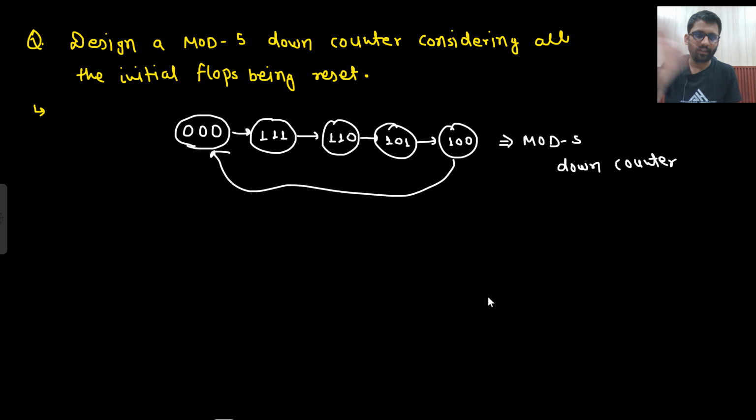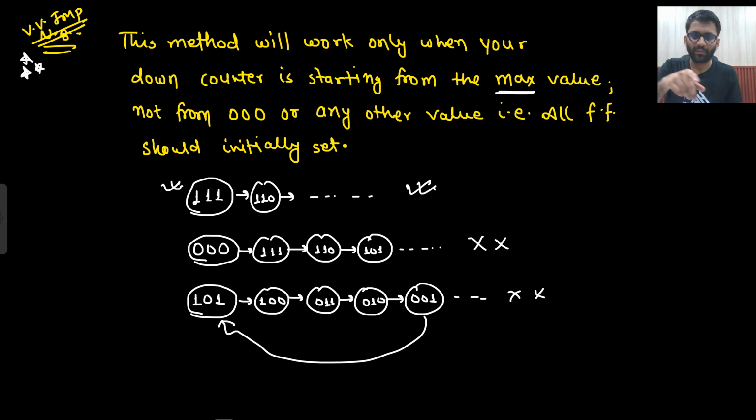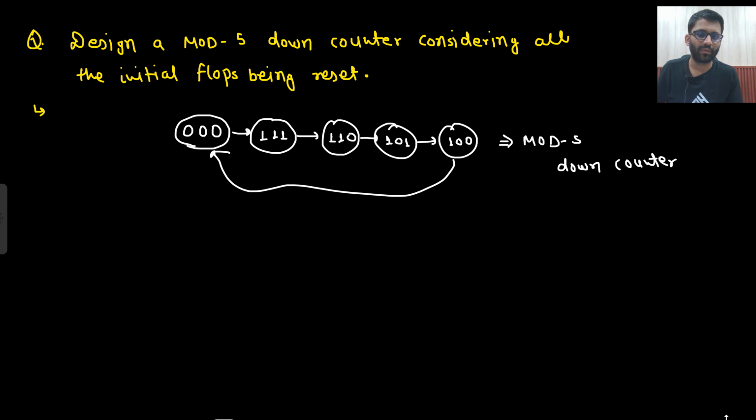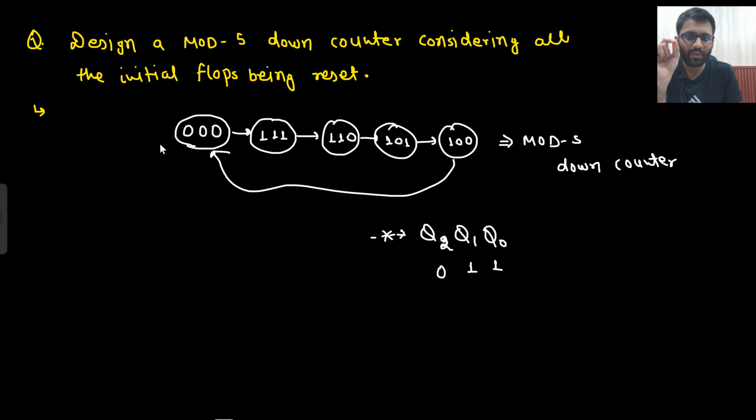If I apply that trick that I told you, the first state I do not want is 3, which is 0 1 1. This state I don't want. And the second thing is that here you will design preset or clear.